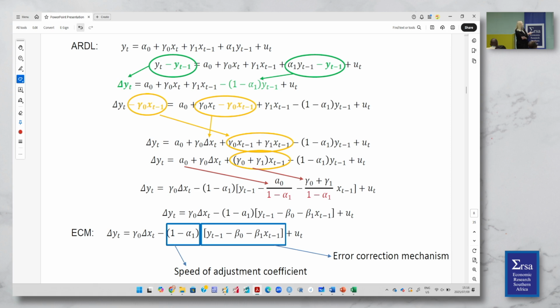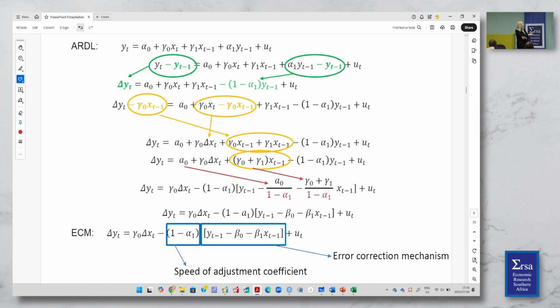So basically, to get a difference y on the left-hand side, I subtract yt minus 1 both sides, and then in order to get the delta xt here, I have to subtract gamma naught times that, both sides, and then I can collect, I bring it over this side, so I have that term, the lagged x value, and these two give me the delta x here.